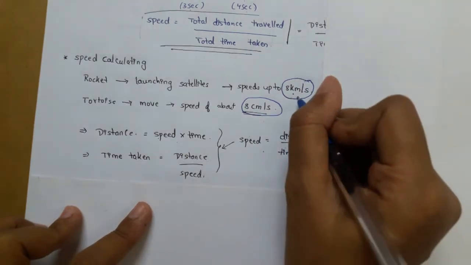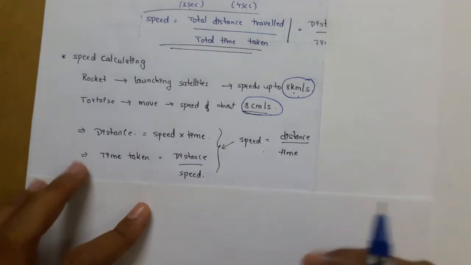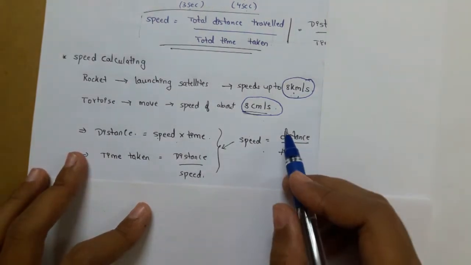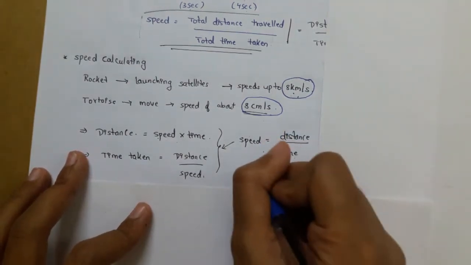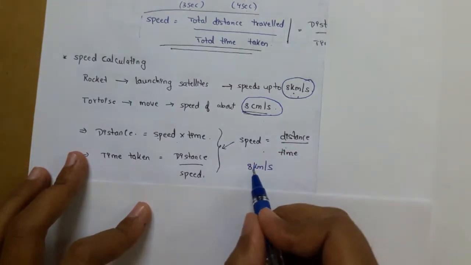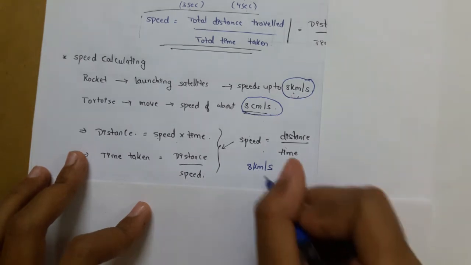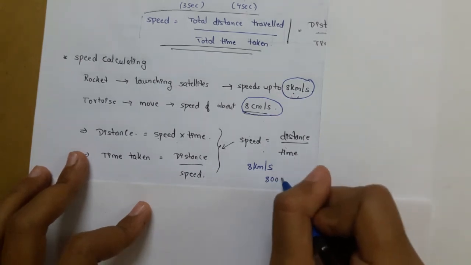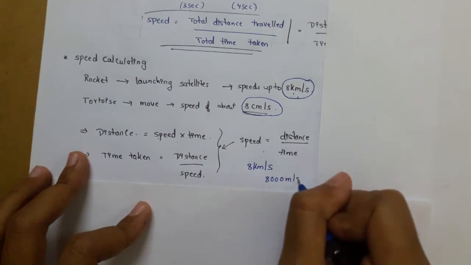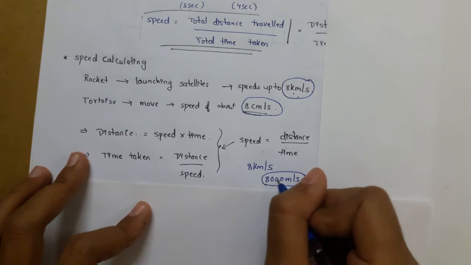So let us calculate both in terms of meter per second. First, 8 km per second. Kilo, as I told, is 1000, so 8000 meter per second will be the speed of the rocket.